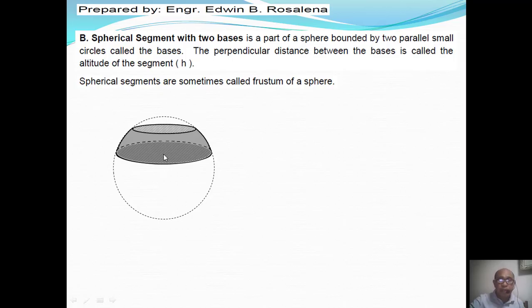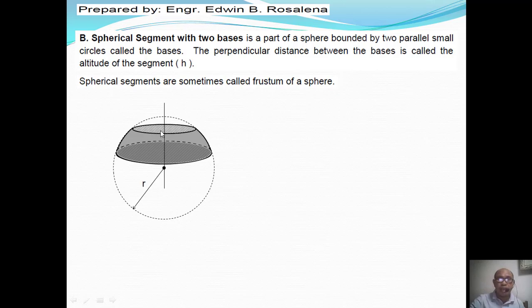So we have now the two bases, which are small circles. It can be somewhere here also, if the two bases are cut from different sides of the center of the sphere. Ito, the same side, so we have base 1, base 2.